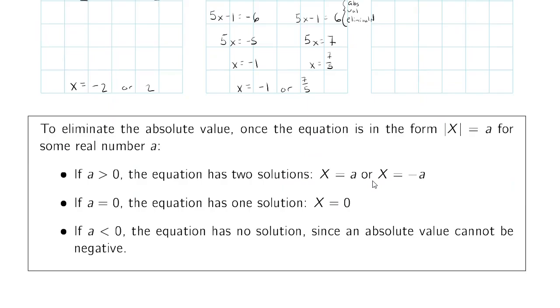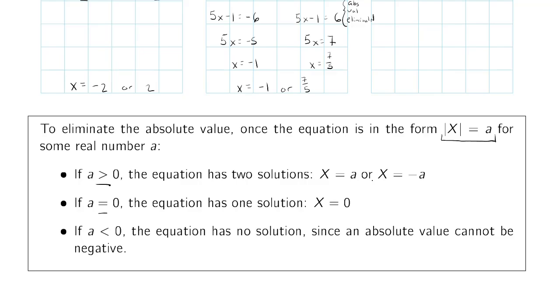If we get the absolute value isolated, we have absolute value of something equals a number. If the number is positive, then there are two solutions. Our expression equals the number, or expression equals the opposite.